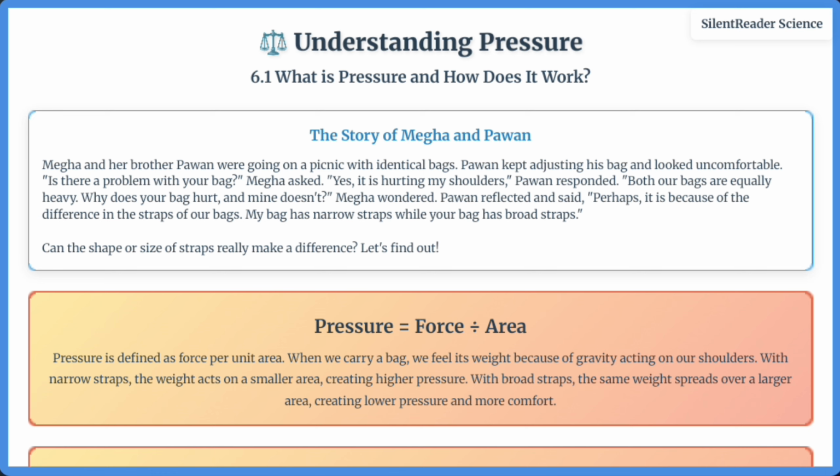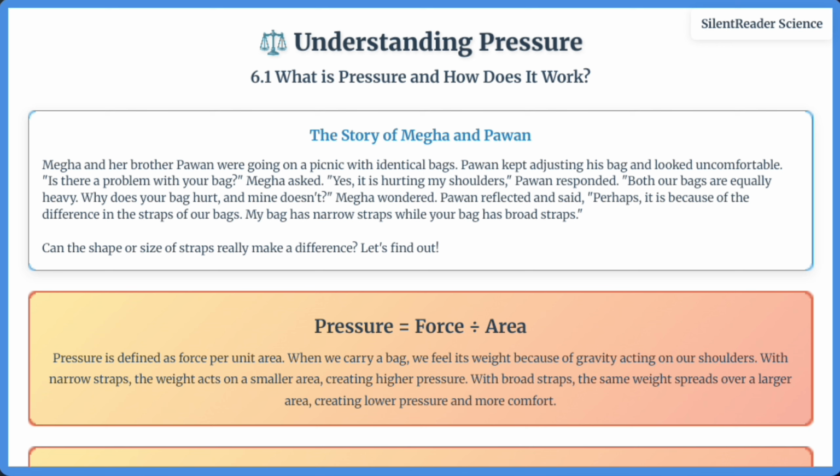Pawan's bag with narrow straps hurt his shoulders, while Mega's bag with broad straps felt comfortable. This happens because with narrow straps, the same weight acts on a smaller area, creating higher pressure. With broad straps, the weight spreads over a larger area, creating lower pressure.